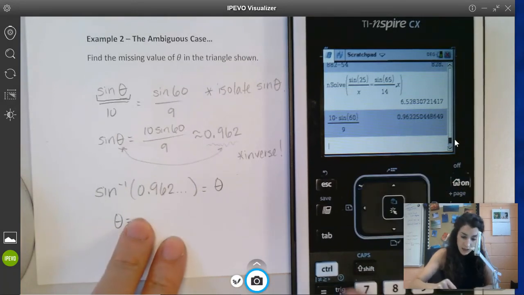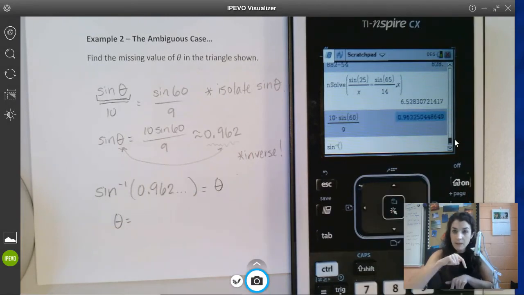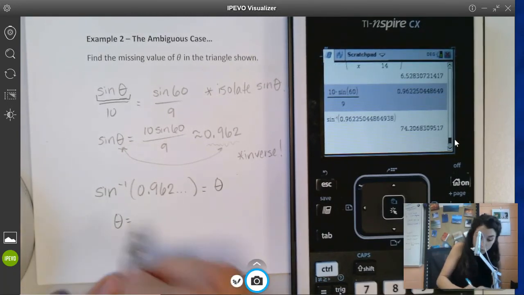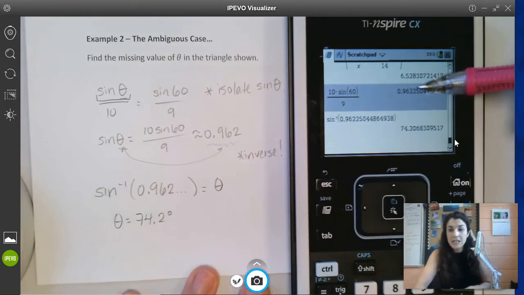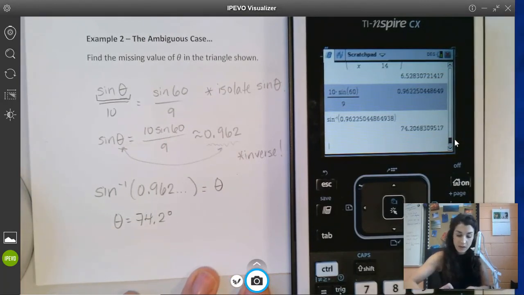If I do inverse sine of that exact value, which how I use that exact value is I scroll up until it's highlighted and then I press enter and it brings that value down inside of my inverse sine. I can press enter and I get 74.2, which is 100% correct because I've used the exact value in my calculator by scrolling up and pressing enter.